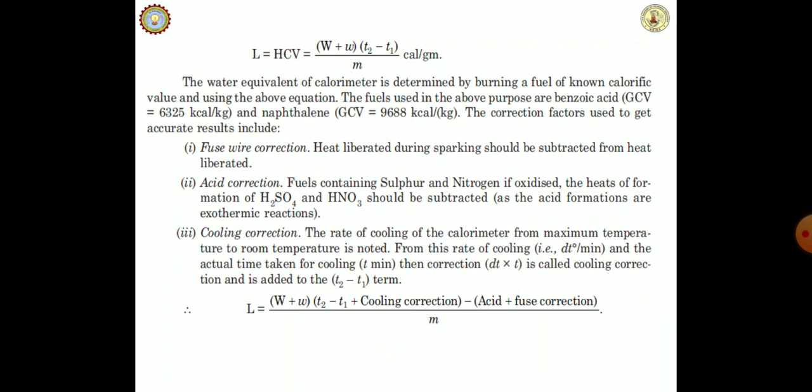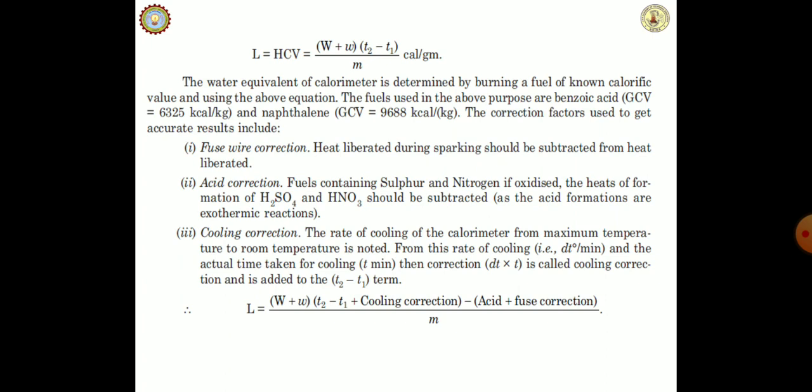Here, small m represents the mass of fuel, capital W represents the mass of water in the calorimeter, and small w represents the water equivalent of the calorimeter. T1 is the initial temperature, T2 is the final temperature of the calorimeter.